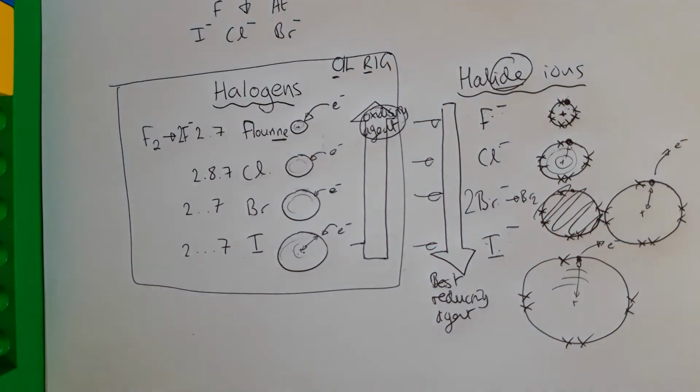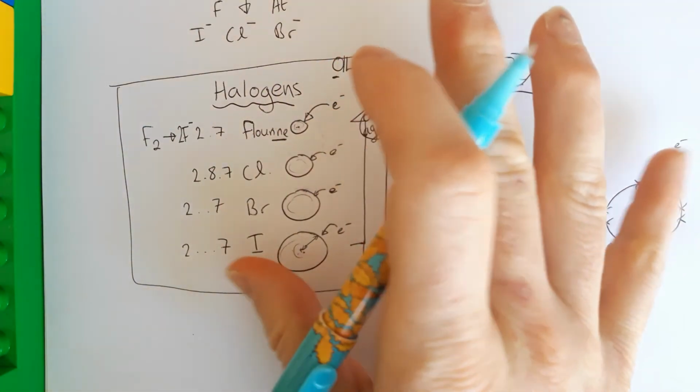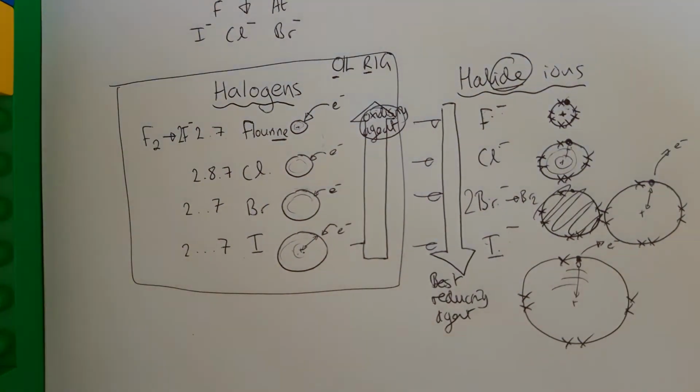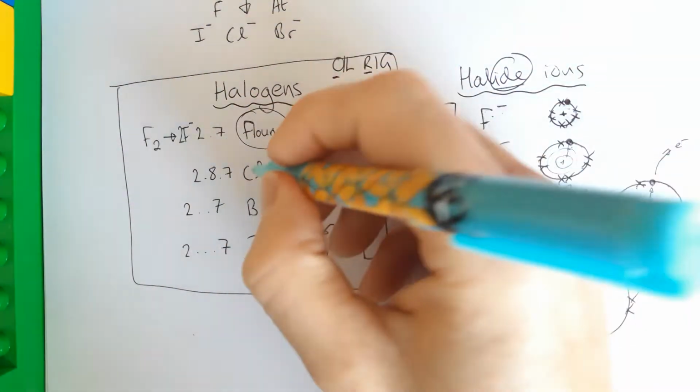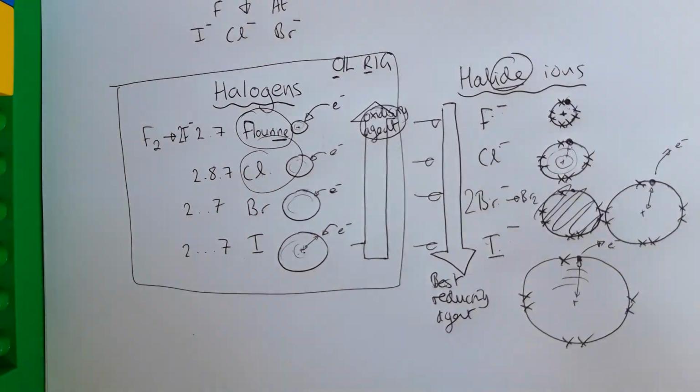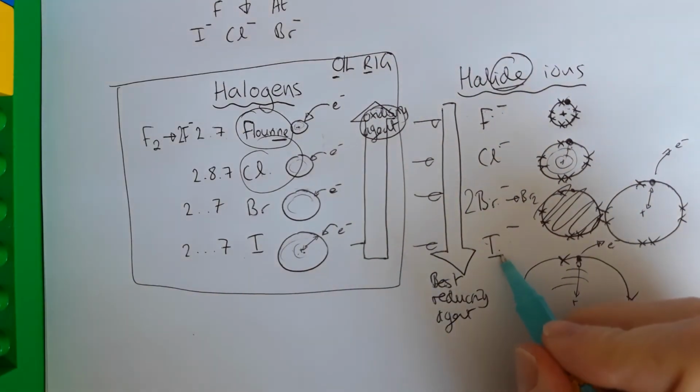So that's important. I've taken 10 minutes there to explain this really, really important bit of chemistry. So if I wanted to go to the cupboard and get a chemical that was a good oxidizing agent, I would choose fluorine or maybe chlorine. They're good oxidizing agents. If somebody said to me, have you got a good reducing agent? I might go and get some iodide ions.